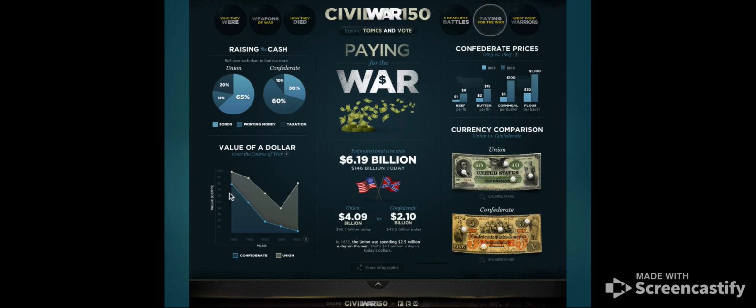And this next graphic shows you the consequence of this. So this is the value of the Northern dollar. It goes down. So they struggled with inflation, but by the end of the war, it's starting to go back up, where the blue line, it's going down to basically nothing. This final thing, I know it's really small. This is Confederate prices. This is what people paid for things in 1863 and 1865 in the South.